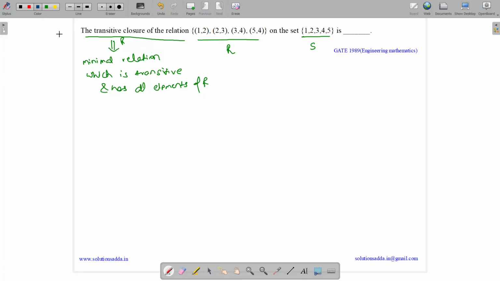So let us see. What is our relation? Our relation has 1, 2. Our relation has 2, 3. Our relation has 3, 4. Our relation has 5, 4. So what is transitivity?